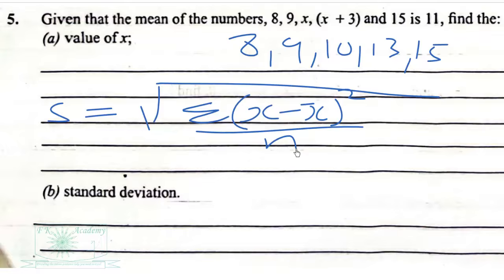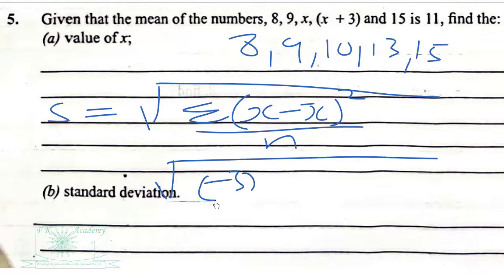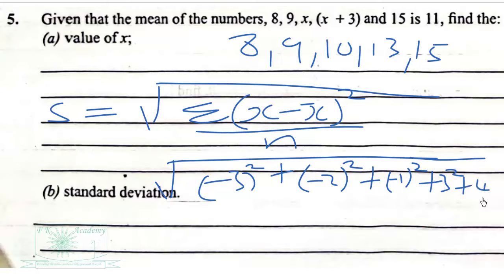So we take them one by one. 8 minus the mean is negative 3, so negative 3 squared, plus 9 minus the mean, negative 2 squared, plus 10 minus the mean, negative 1 squared, plus 13 minus the mean, 2 squared, plus 15 minus the mean, 4 squared, all over n. n is 5.